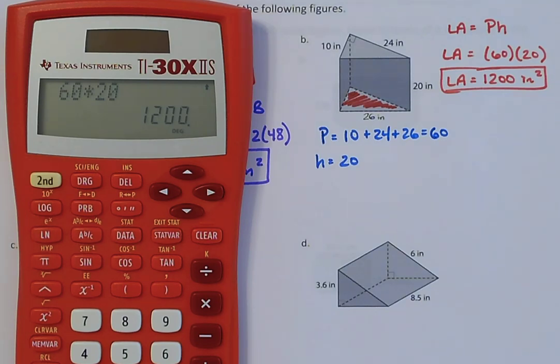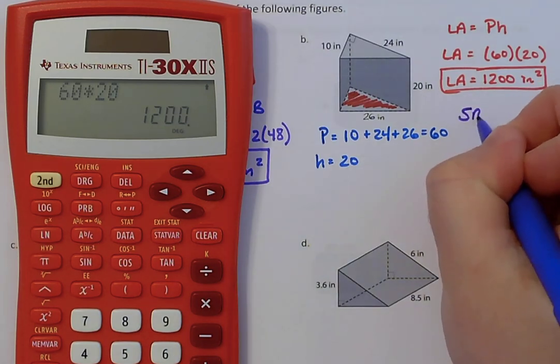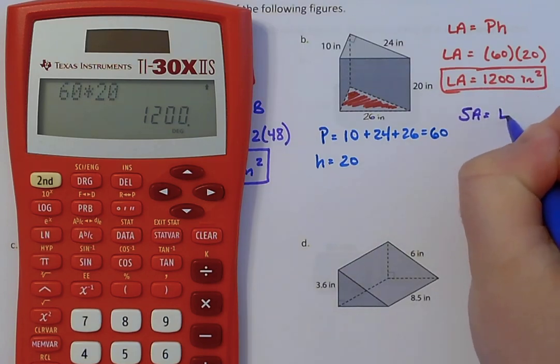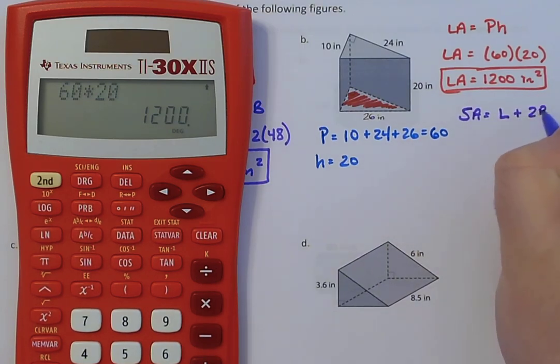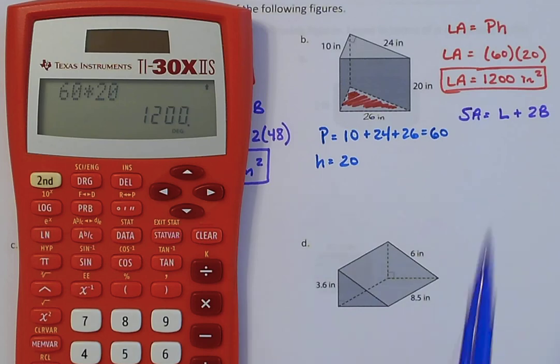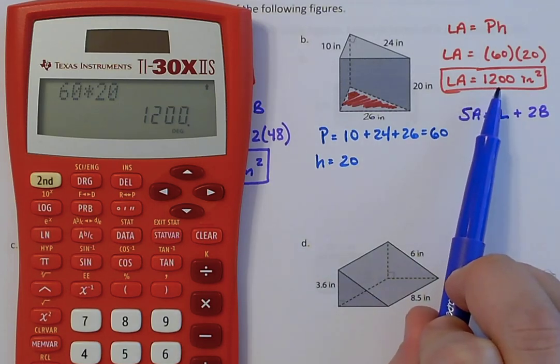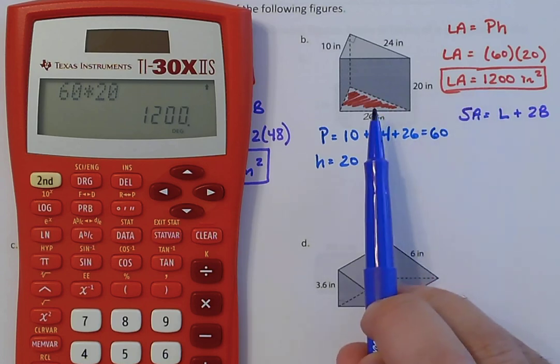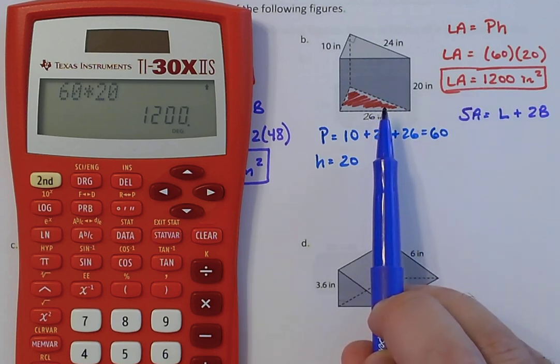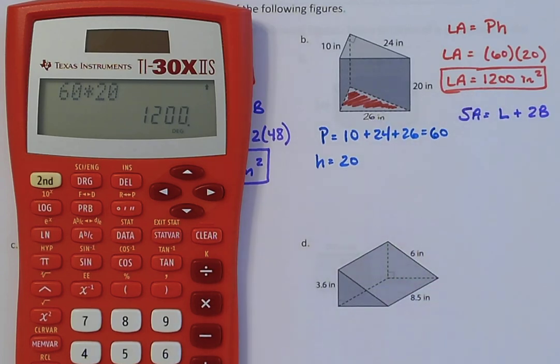All right, so now that we have lateral area, we can go through and figure out our surface area. Surface area is L plus 2B. The lateral area plus 2 times the area of the base. Now, we already know our lateral area to be 1,200, but we need to first figure out the area of our base.